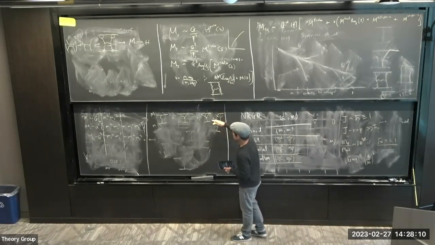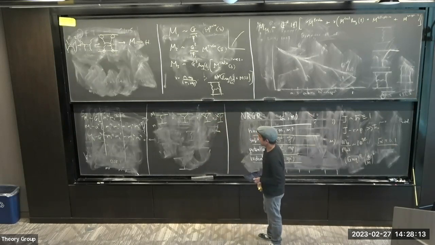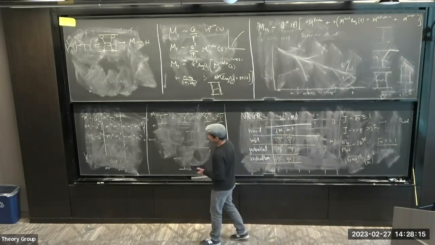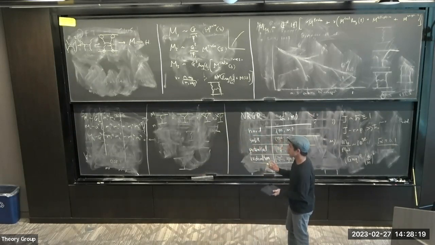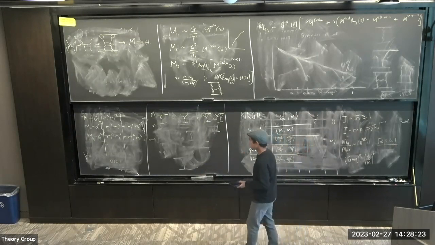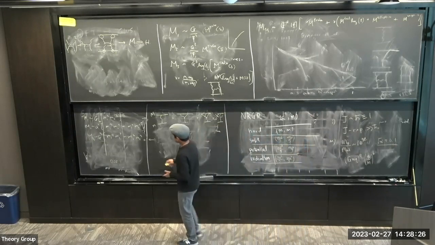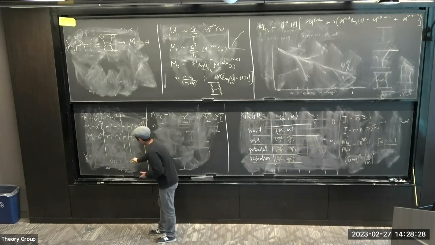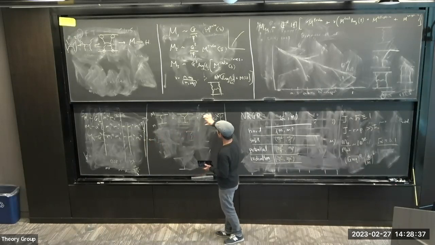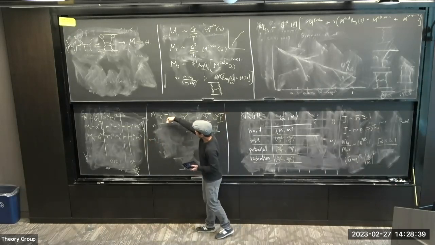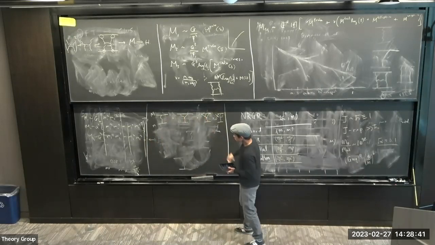So if you resum this tower of amplitudes, what you find is what we call the Schwarzschild amplitude, which corresponds to an amplitude where you have a probe particle or a probe scalar field scattering against a Schwarzschild background. This piece here would be 1SF in the sense that it's down by 1 power of small m over big M. And those would correspond to graphs with 1 propagator now on the light particle.